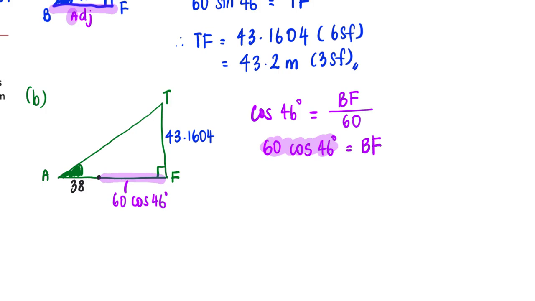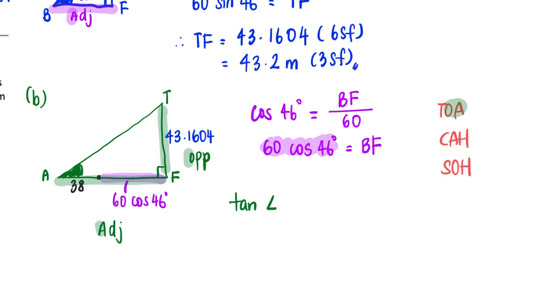Because again, when I have TOA CAH SOH, this length here will be my adjacent side. This length here, opposite side. So O and A, I'm going to use my tangent ratio now.